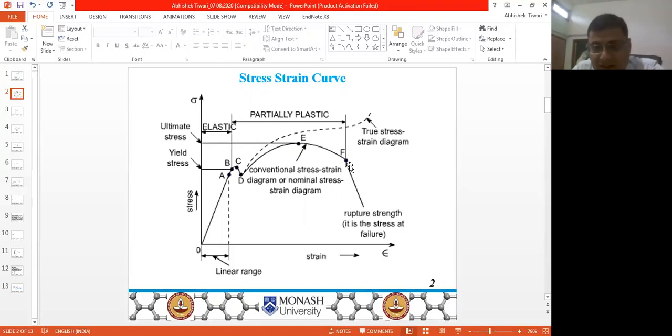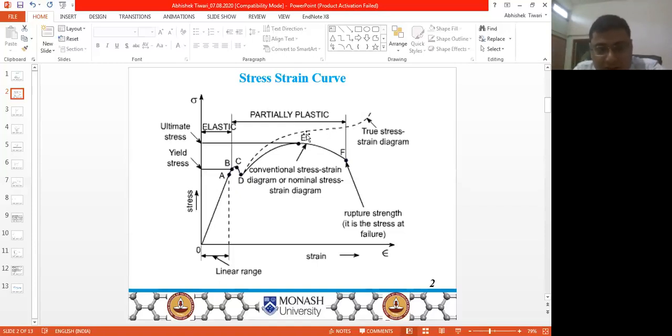That means the area in the middle decreases, and at point F, it completely breaks through necking. So this curve in black, this continuous line, is called the engineering stress strain curve, and this in dotted is called the true stress strain curve.